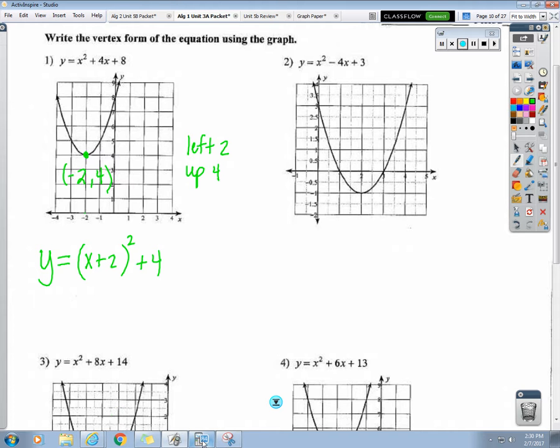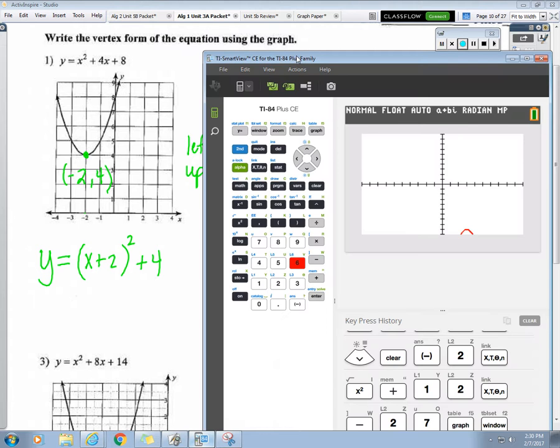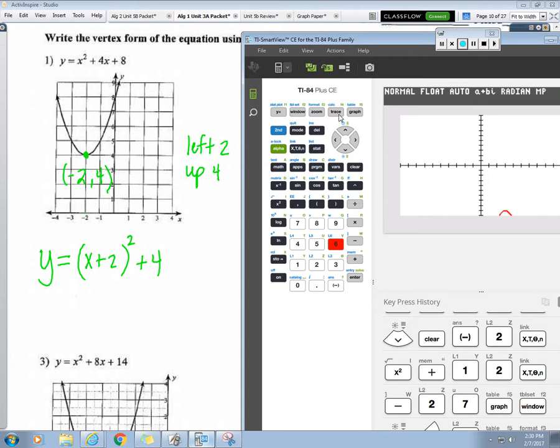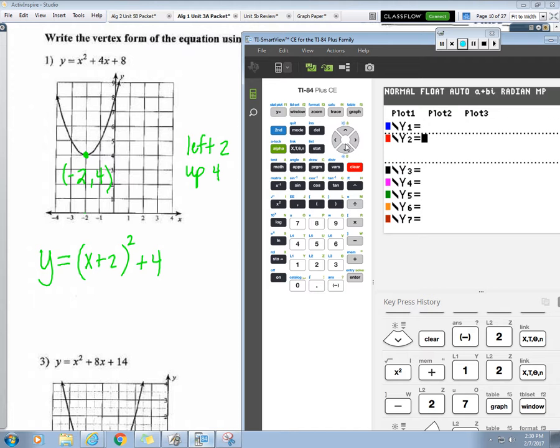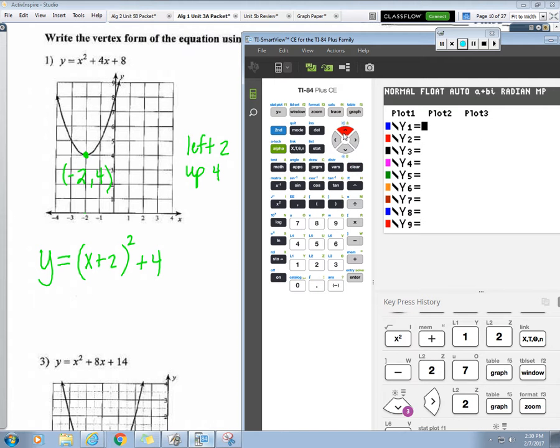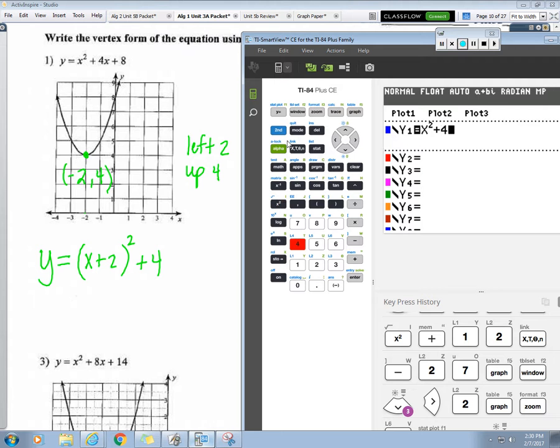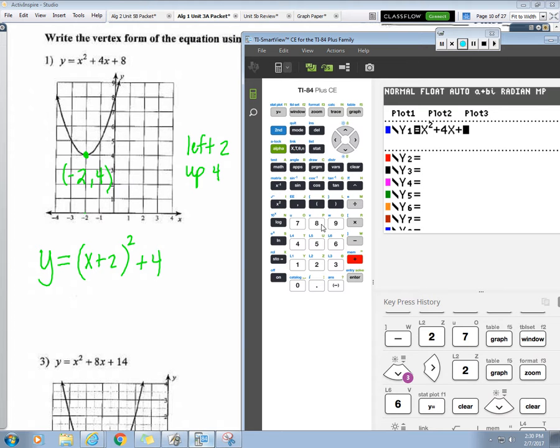Okay, now, let me show you how you can also use your calculator to check. You need to make sure you pay attention very well to how to check stuff, because it might save you on the test if you don't know how to do it otherwise. Type in the original, x squared plus 4x plus 8. That's standard form.